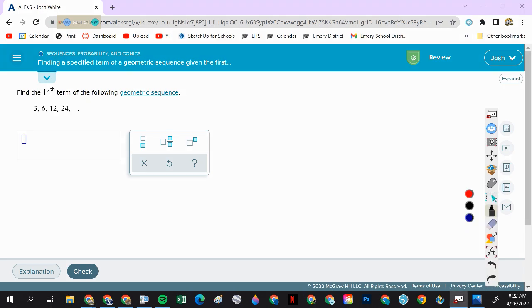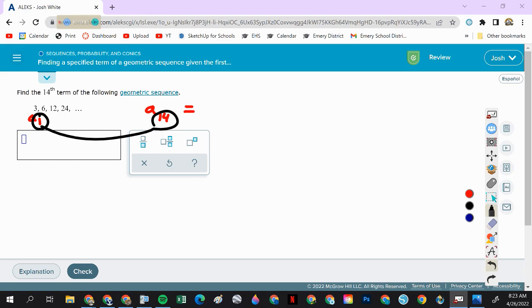So here, this is a sub 1, and I want to know what is a sub 14. What's the pattern? Timesing by 2. How many multiplies by 2 do I need to go from a sub 1 to a sub 14? I need 13 multiplies by 2.